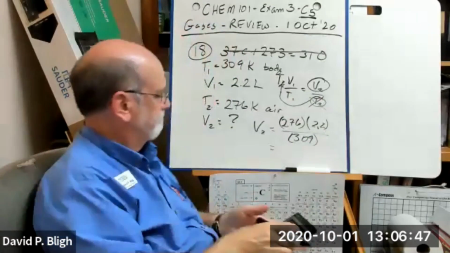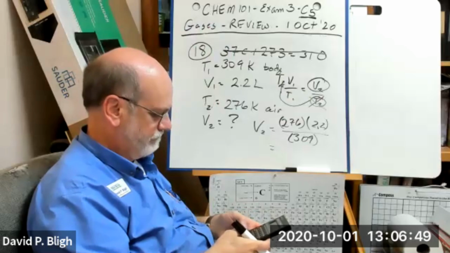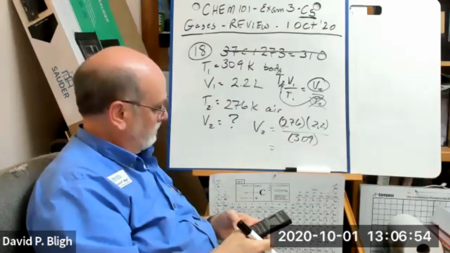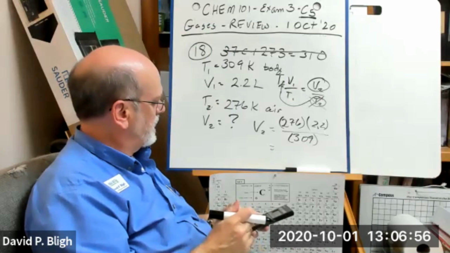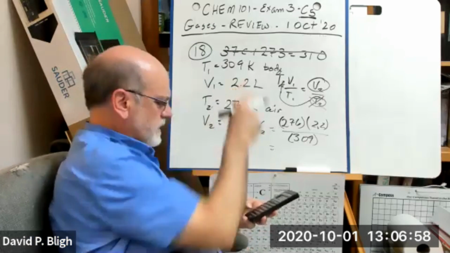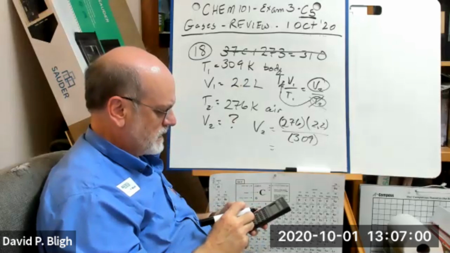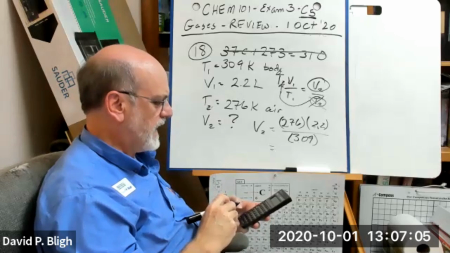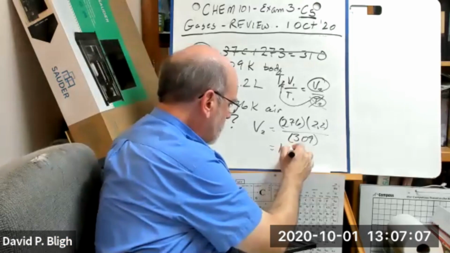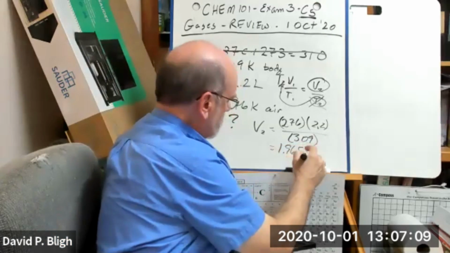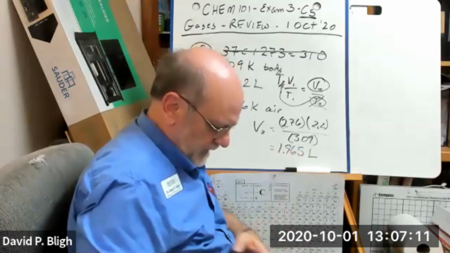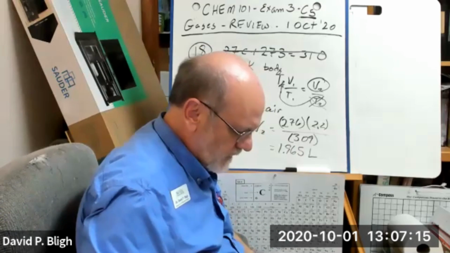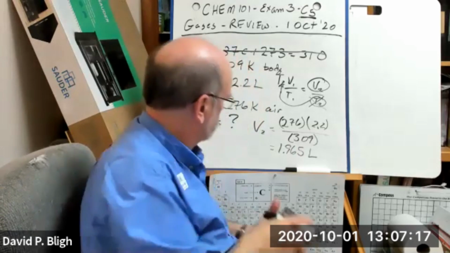Okay. So I get, let's see, two significant figures. That's 1.9 or 2.0, 1.965 liters. Let's see how it's presented here. Okay, they rounded it off to 3. B.